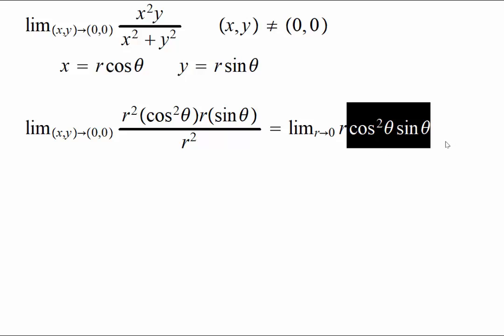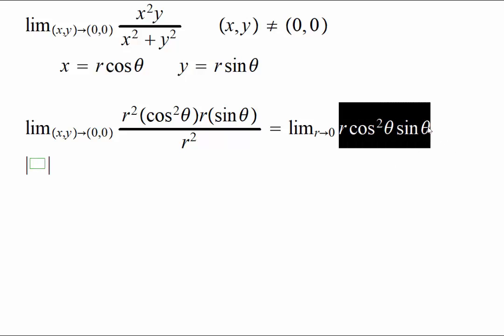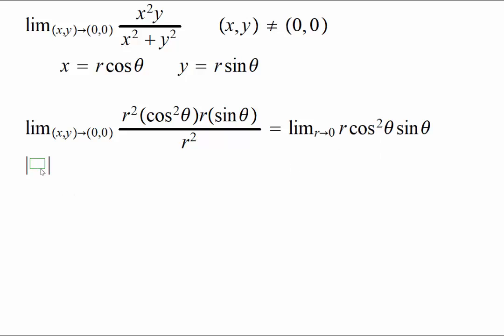Or another way of looking at this is to look at the absolute value of r cosine squared theta sine theta; since this is always less than or equal to 1, we have this quantity less than or equal to 1.